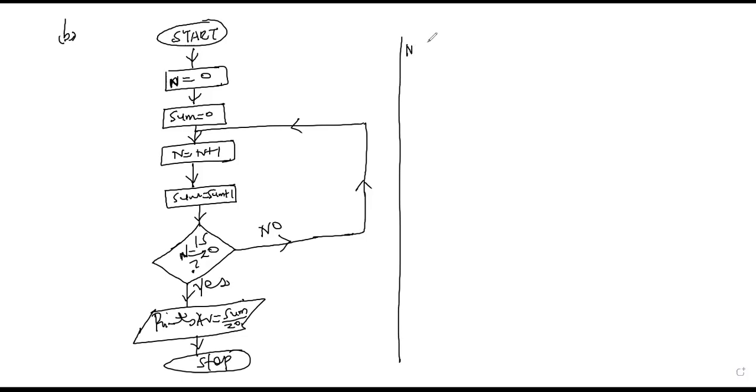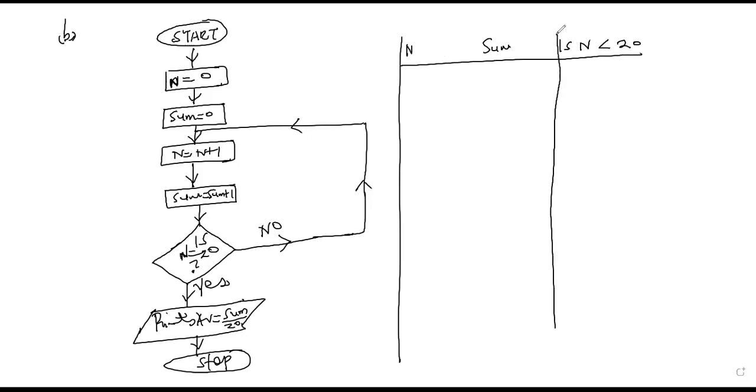We're having n, we are having the sum, maybe one can ask themselves whether n is less than 20 until it is no. So here you can move from n equals 0, sum will be 0. n is still less than 20. You move to 1. When you say 1, here the sum will be 1.